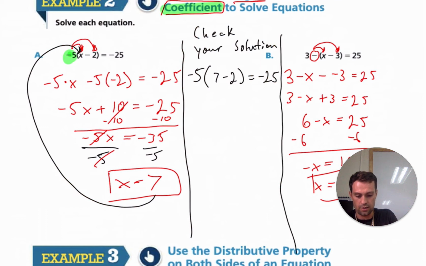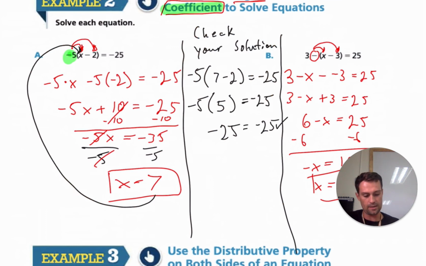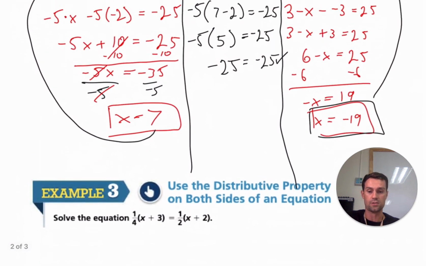So 7 minus 2 gives us 5, and negative 5 times 5 is negative 25. This is true, so we know that we got it correct. So you could check your answer with negative 19 by substituting it back in. I'm not going to, but that is a way that you could check your answer.